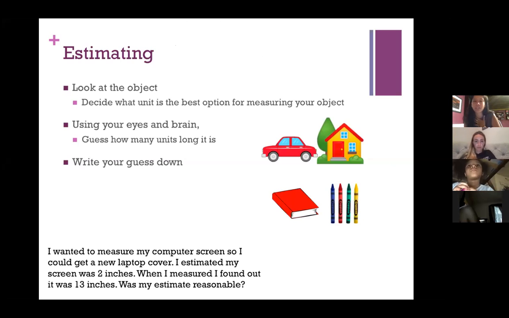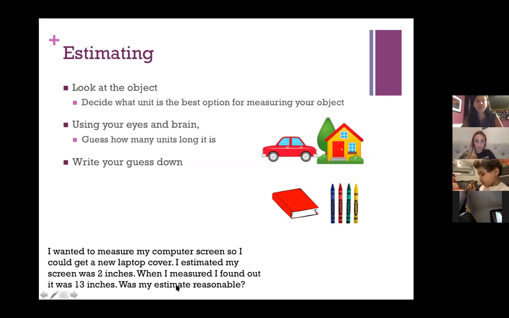So a reasonable estimate for my water bottle, if Gabby told us 12 inches is 1 foot. So if I said, I think my water bottle is about 11 inches, I was spot on. My estimate was reasonable. I was really close to the correct answer. But if I said my water bottle is 5 feet long, Edward, I don't think I used my eyes or my brain very well.